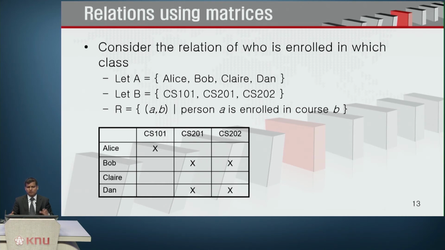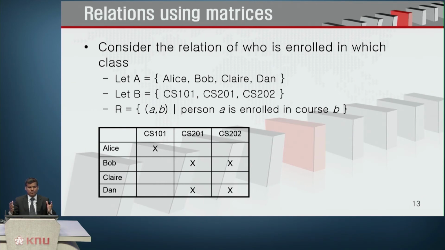You can recall from our previous lectures that Alice has taken CS101, Bob has taken CS201 and 202, Dan has taken the courses CS201 and CS202. Of course, Claire did not take any course.